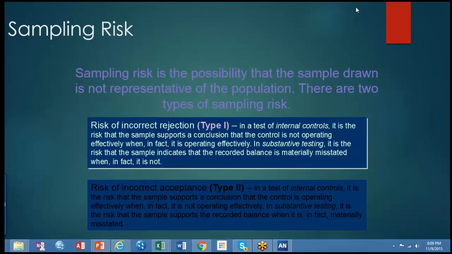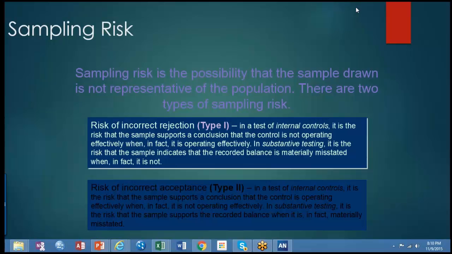Well, we have risk in sampling because we are looking at only a sample of the population and not the complete population. No matter what we're doing, we're only looking at a sample. Because we're only looking at a sample, the issue becomes, what are the risks related to this? Well, the risks are these two types of risks.